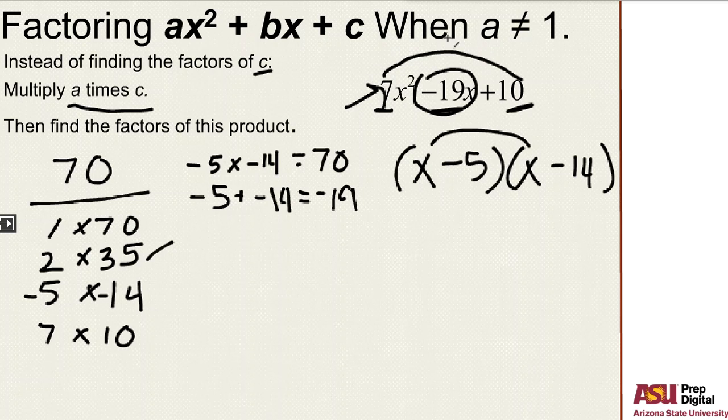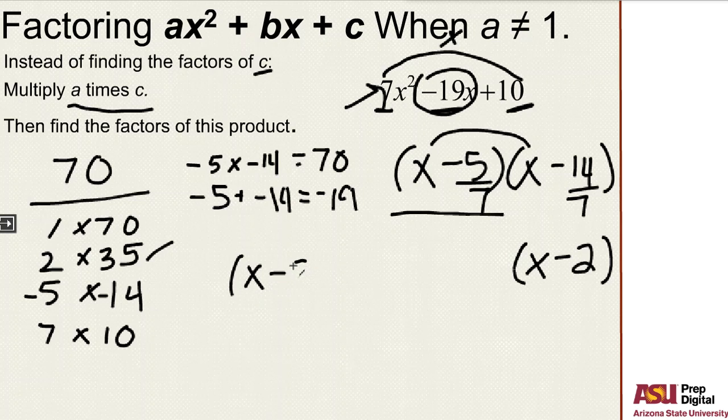So we multiplied to begin with, so now I'm going to do the opposite. I'm going to divide. So I multiplied by 7, so now I'm going to divide by 7. I'm going to simplify the second parentheses, because 14 divided by 7 gives me 2. Now this parentheses is a little bit different. So what I'm going to do is just rewrite it.